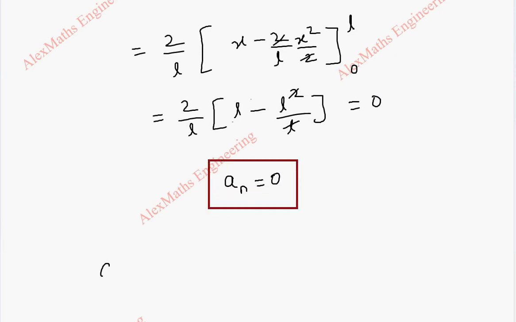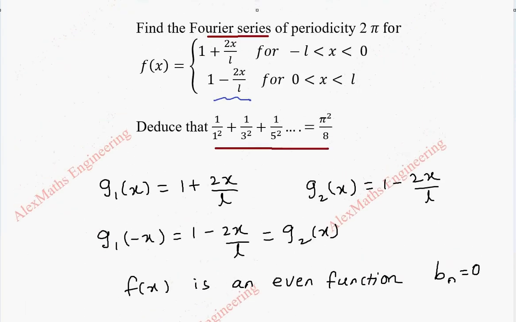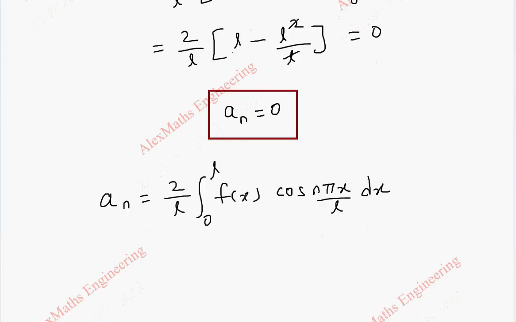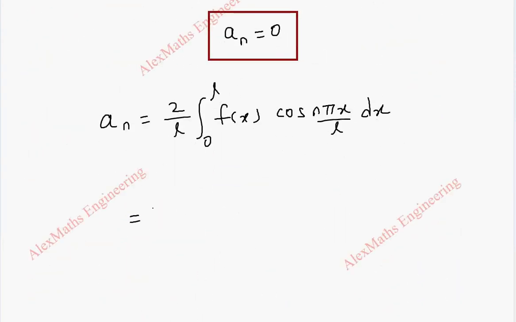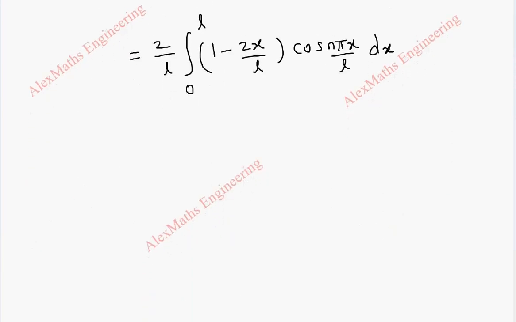Now coming to an, the formula is 2 by L integral 0 to L f of x into cos n pi x by L dx, and f of x is 1 minus 2x by L. So this becomes 2 by L integral 0 to L 1 minus 2x by L into cos n pi x by L dx. We are going to use Bernoulli's formula. The first part is u, second part is v.